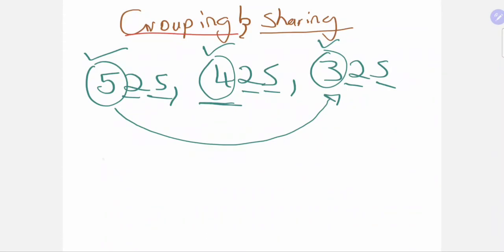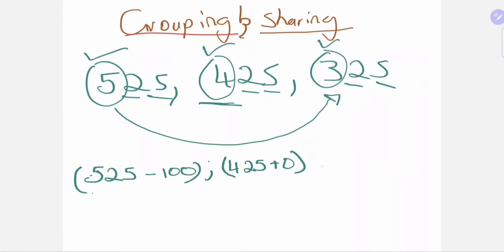So basically what you would do in a situation like this is go 525 minus 100, 425 plus 0, because you're not doing anything to it, right?